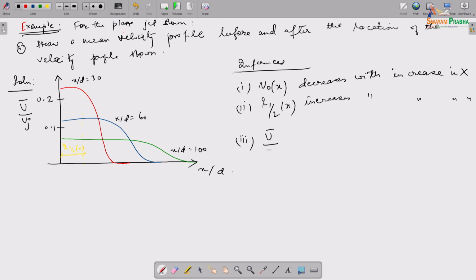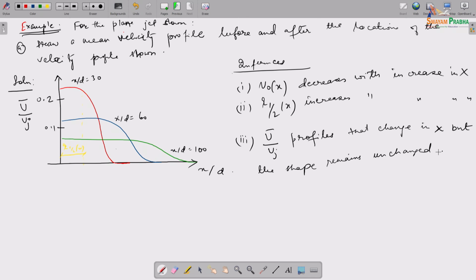These are the profiles with change in x, but the shape remains unchanged.